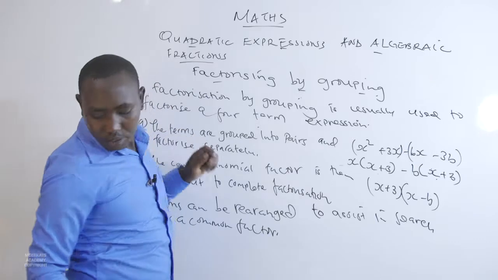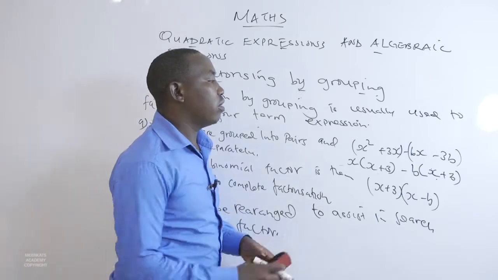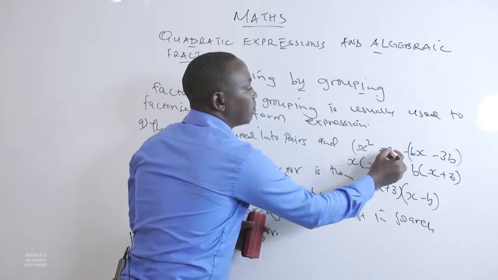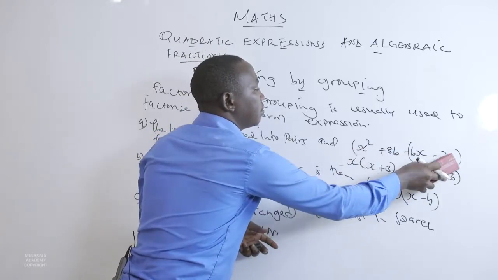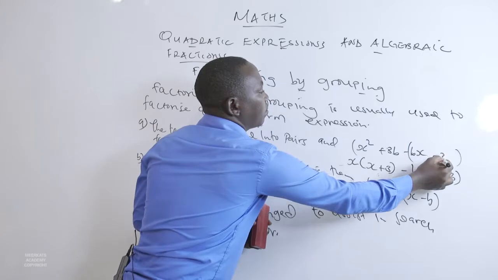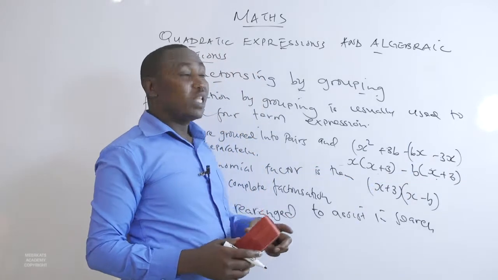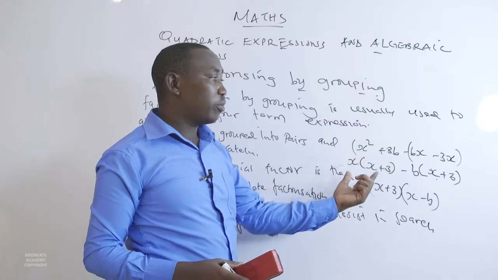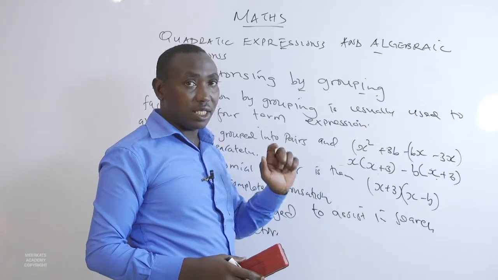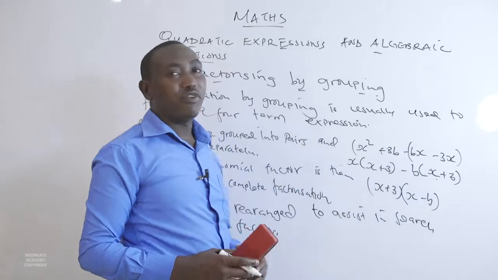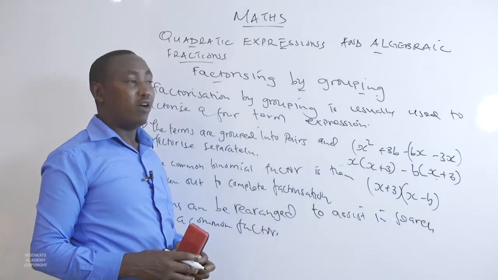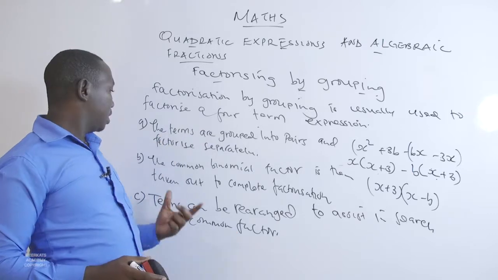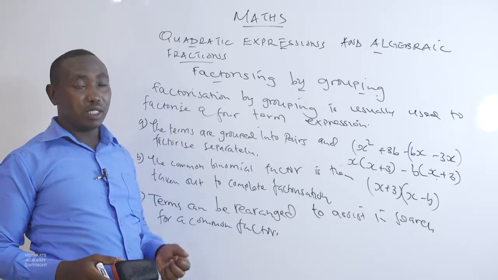Like for instance, if we had the swapping of 3x with 3b, then you'll discover that you cannot proceed with such a particular expression without rearranging it. So you can first rearrange before you proceed into factorization. So these 2 steps, the first and the second one, are very critical.